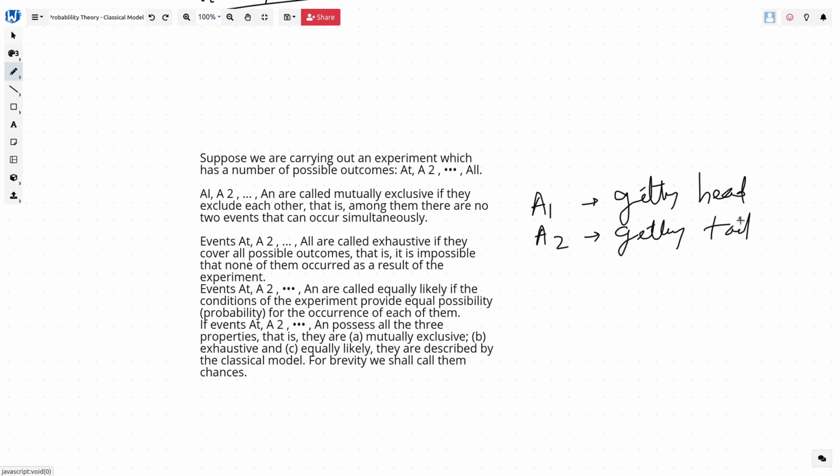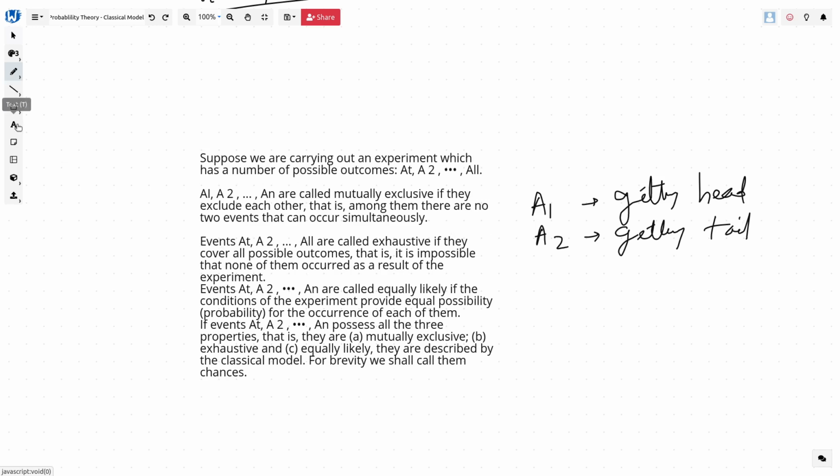At the same time, when you flip a coin, you can't get head and tail both, right? So they are mutually exclusive. These two events cannot happen together. They are called mutually exclusive if they cannot happen together, right?